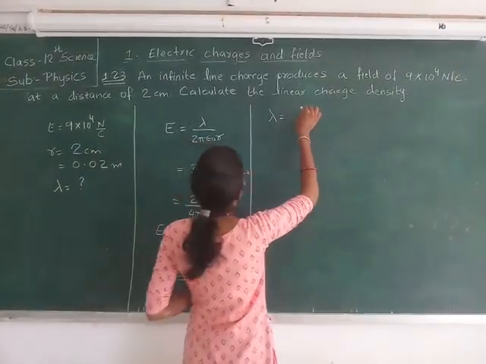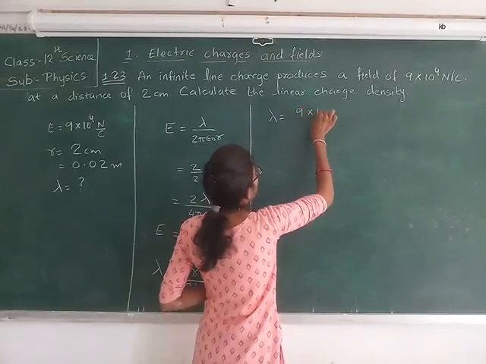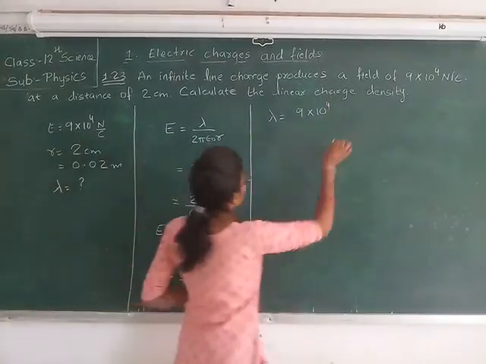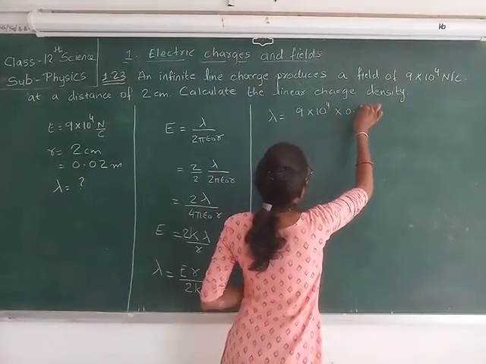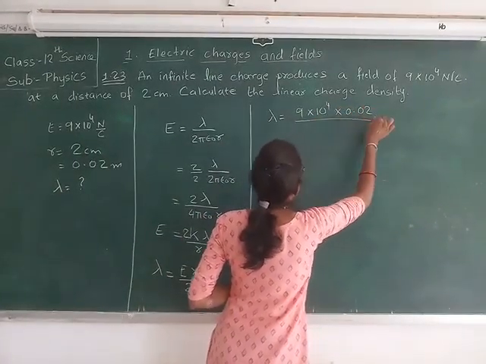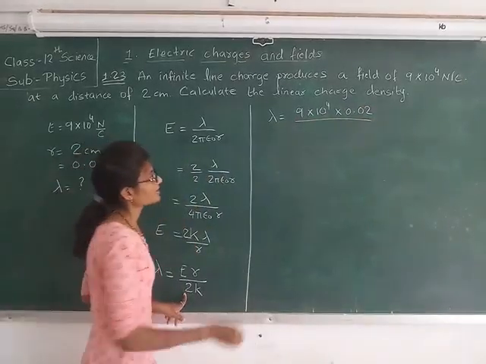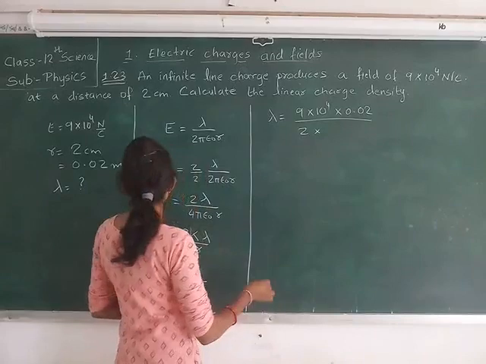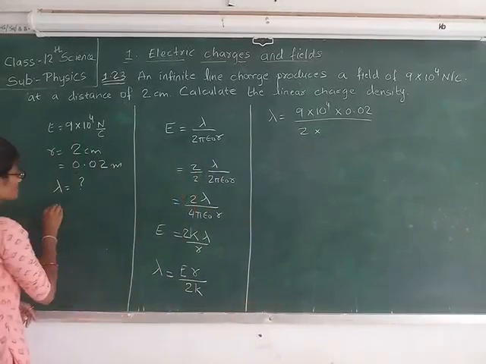Now substituting the values, here E is 9 into 10 raised to 4, the distance r is 0.02, and in the denominator it is 2 into k, the Coulomb's constant.